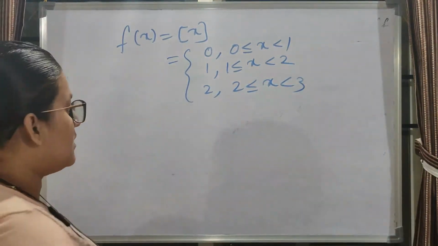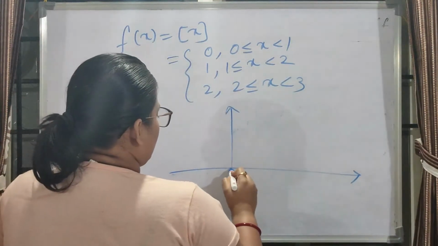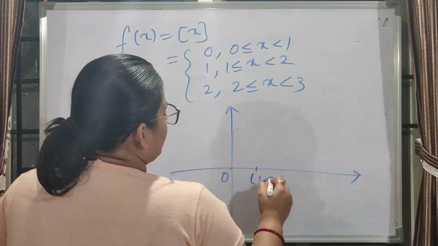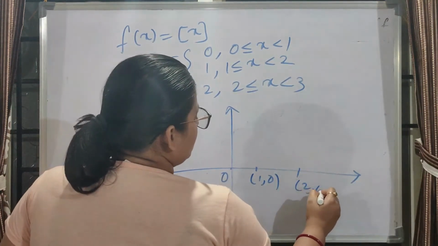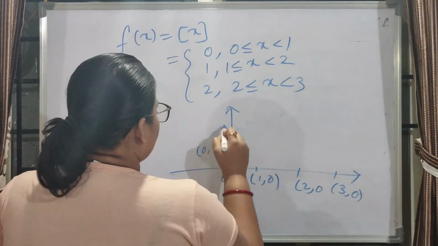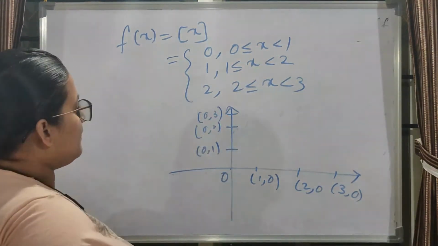So if we draw it here, the marks are 0, 1, 2, 3.